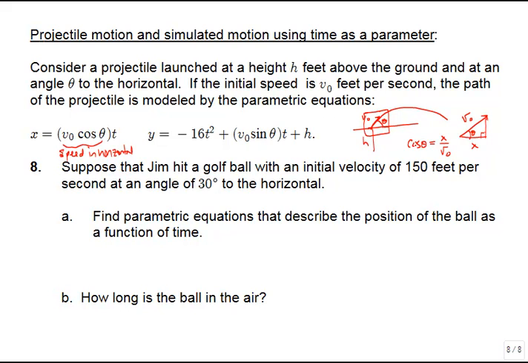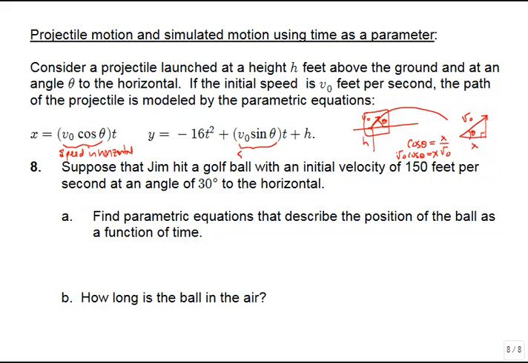And if we multiply that v sub 0 over to the other side, then what this is telling us is that our horizontal component to our velocity is v sub 0 cosine theta. So this is your speed or your rate in the horizontal direction, and when we multiply that by time, we get our distance.